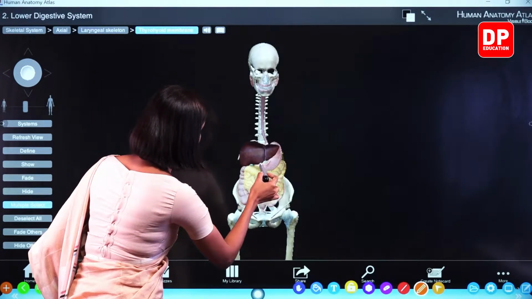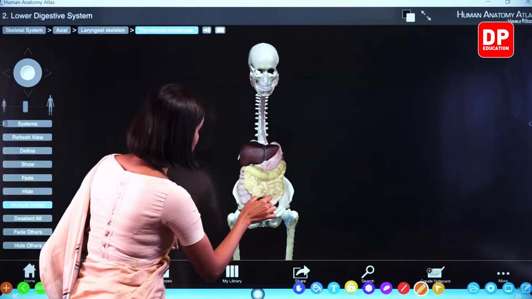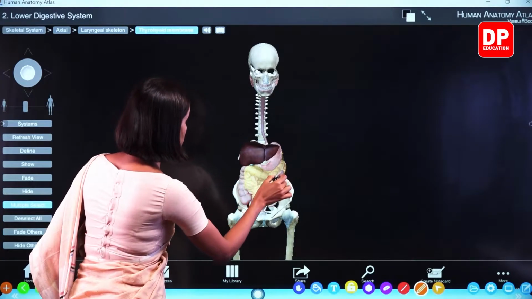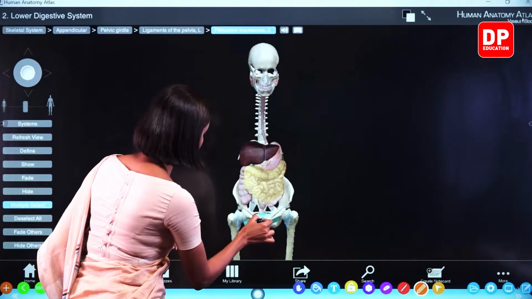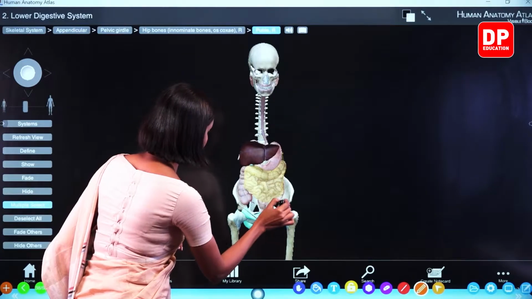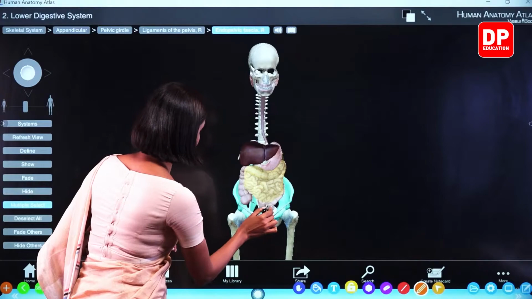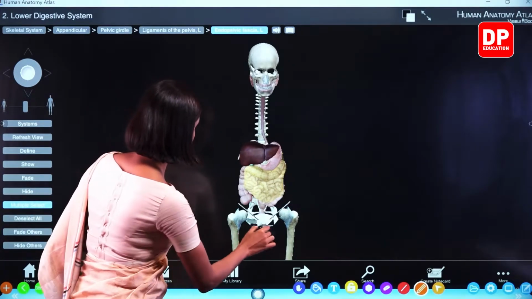From the stomach, food enters the small intestine. From the small intestine, food enters the large intestine, and then it goes through the large intestine, and here I will remove these parts as well. When you remove all the bones, it's easy to observe this. Right, children?